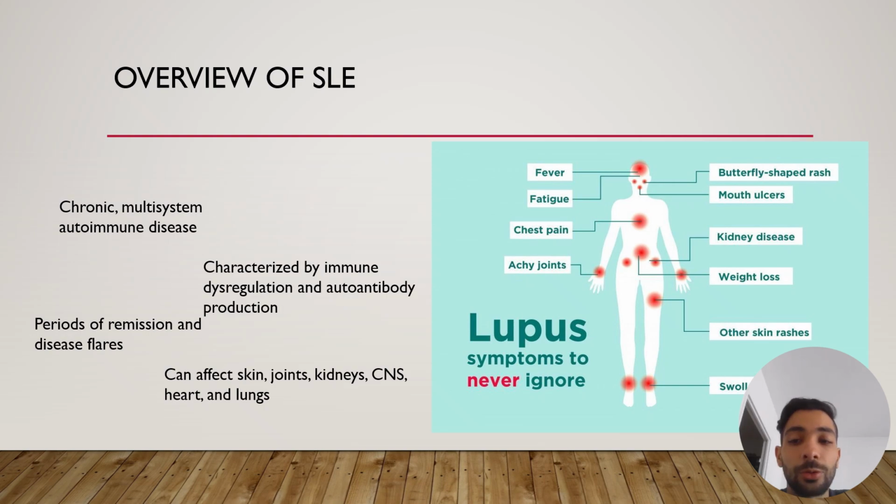The disease course is typically marked by periods of remission and flares, making management complex because SLE can affect nearly any organ and is often referred to as the great imitator, which can delay diagnosis.